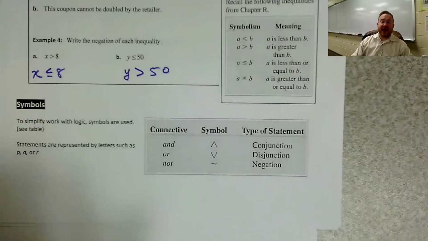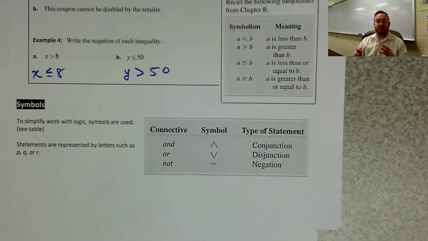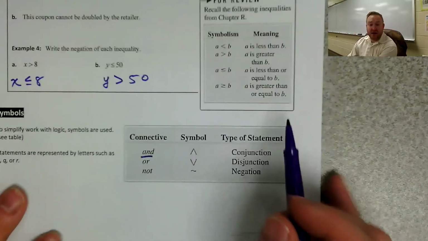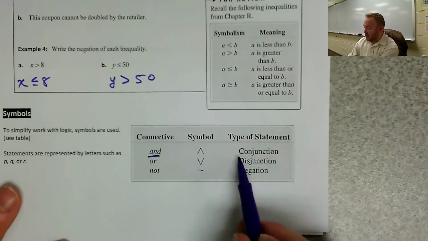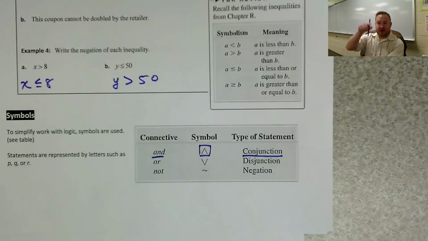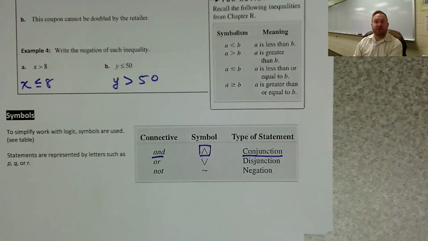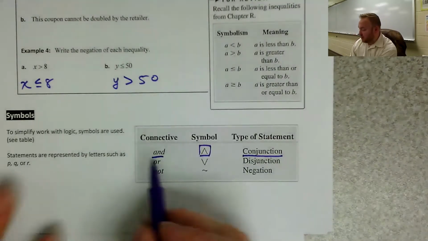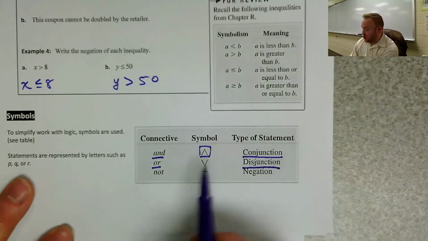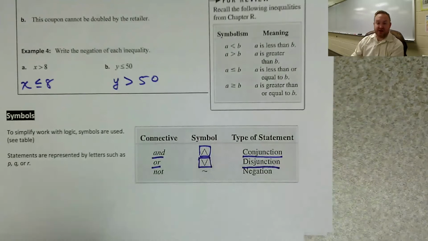Okay. Now we're going to get into how to use symbols to start joining these statements together. Whenever we want to join statements together using the word and, we call that kind of compound statement a conjunction, and this is our symbol for a conjunction. It's kind of an upside down arrow. Whenever we want to join two statements together using the word or, we call that compound statement a disjunction, and the symbol for that just goes the other way.